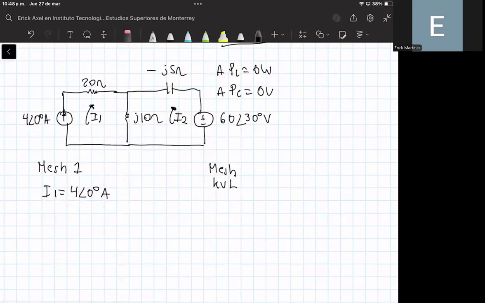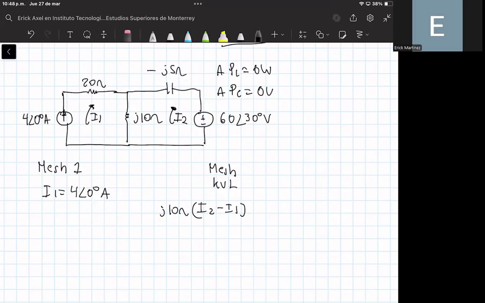So the voltage drop in this inductor is equal to I2 minus I1 times the value of the impedance, that is j times 10 ohms. This is the voltage drop in this element.